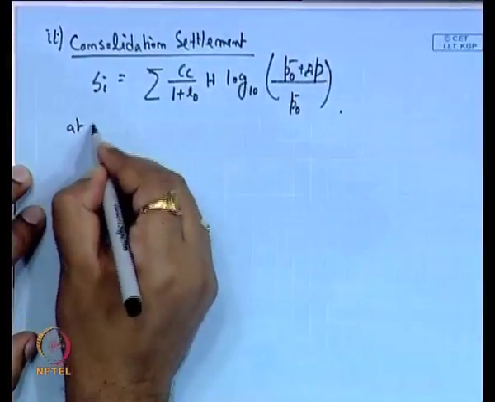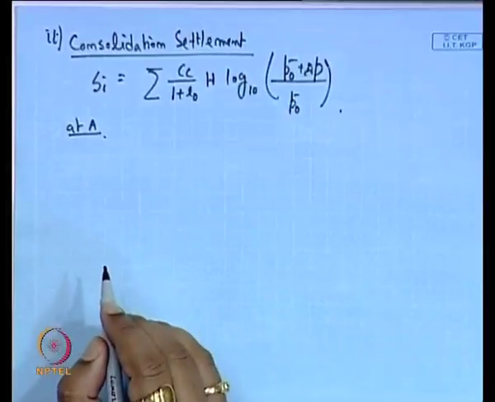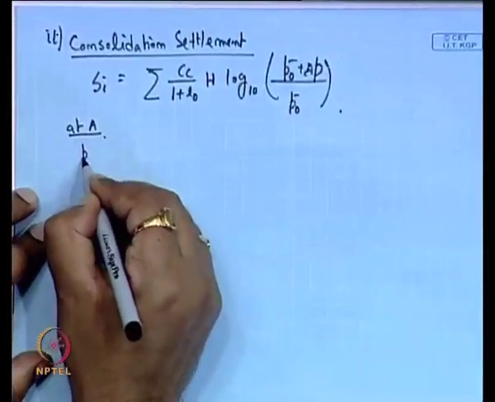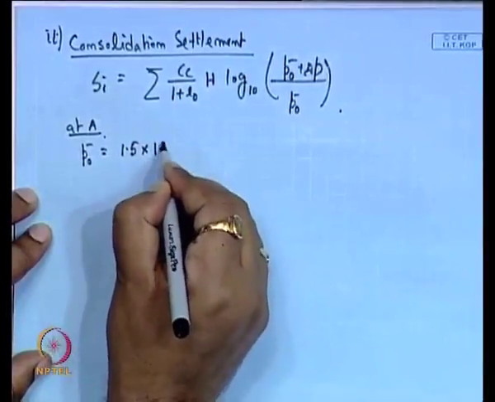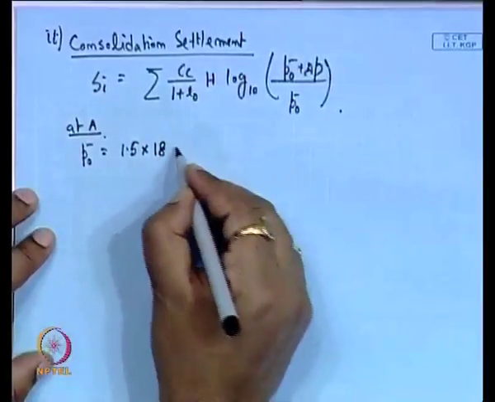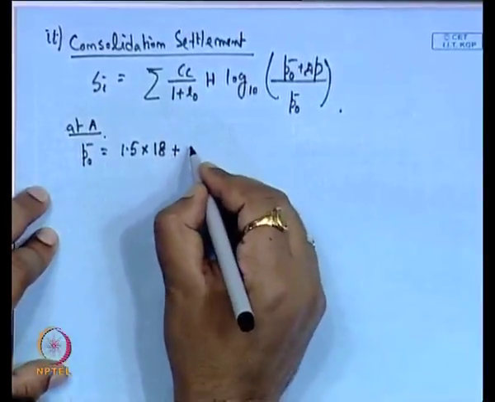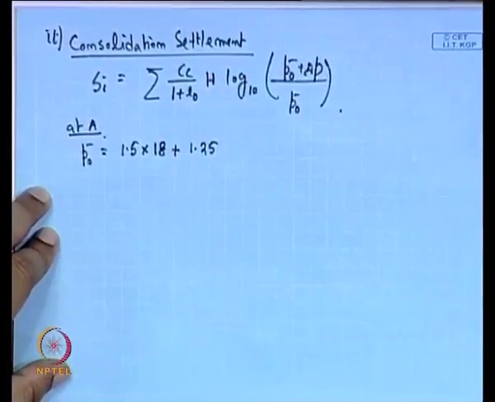Now, at A, as we are taking the middle point of each layer, P_0 bar will be 1.5 into 18, because this is above the water table, that is why 18, plus below the water table we will consider 1.25, because this is the center of this layer.